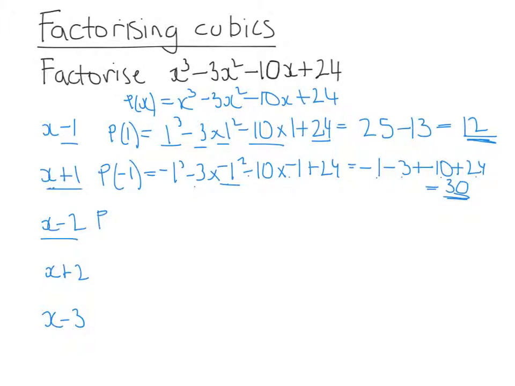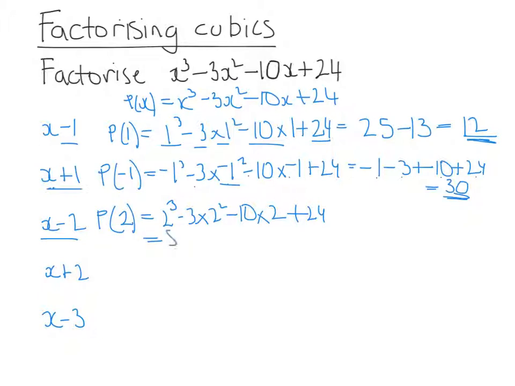If x minus 2 is a factor and we substitute in x equals 2, then we should find that we get a remainder of 0. So 2 cubed minus 3 times 2 squared minus 10 times 2. Everywhere there's an x, I put in a 2.